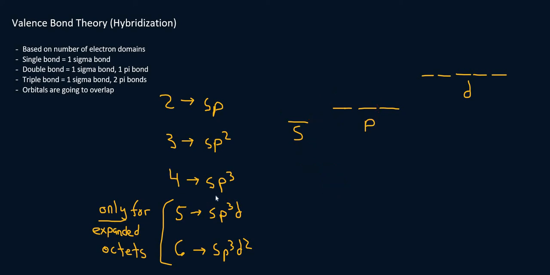When you have four electron domains, you fuse the s with all three of the p orbitals. That gives you four slots for bonding, and this is called sp3.